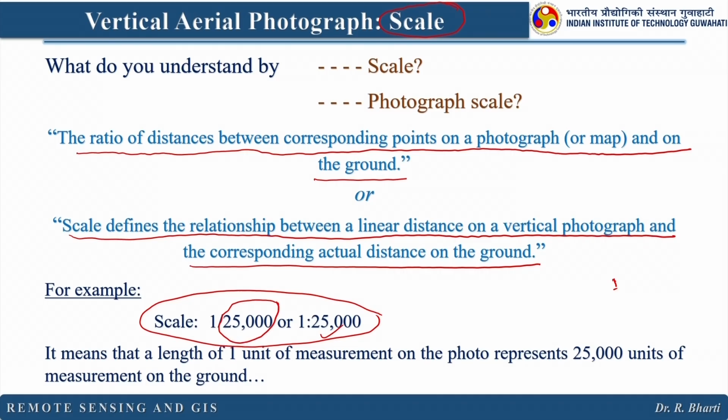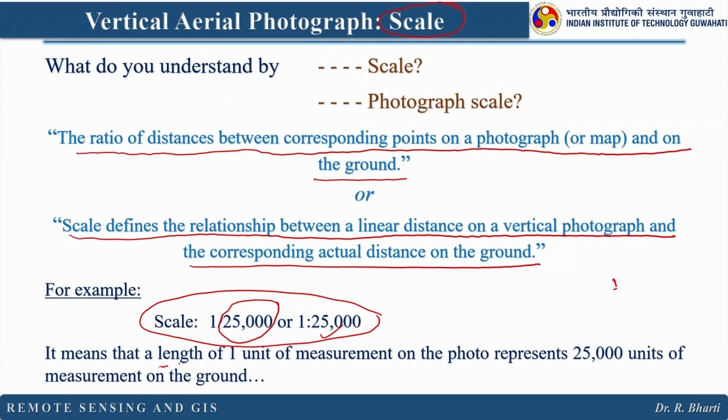The unit depends on whether you are using meters, centimeters, or inches. It is up to the photograph or the area and what scale you are using. So it means that a length of 1 unit of measurement on the photo represents 25,000 units of measurement on the ground.